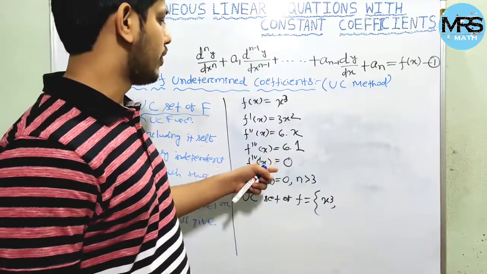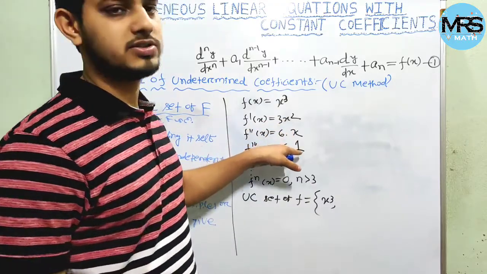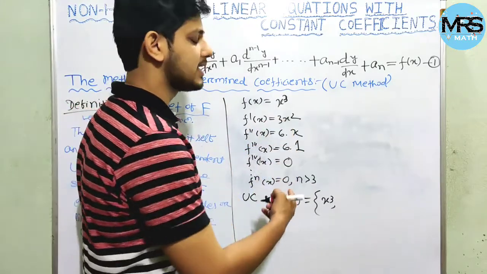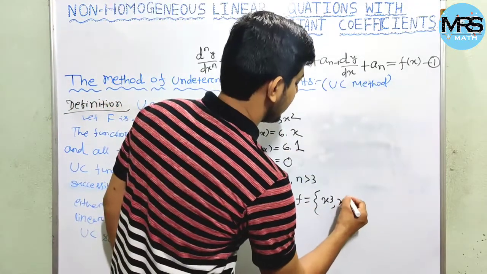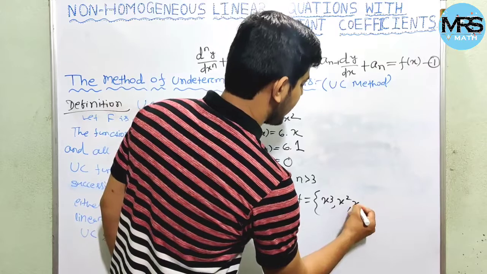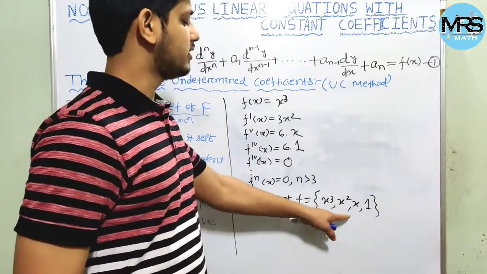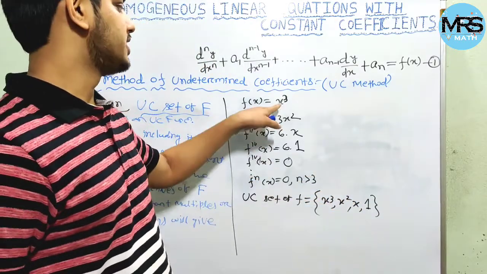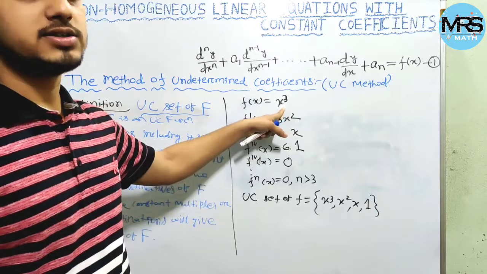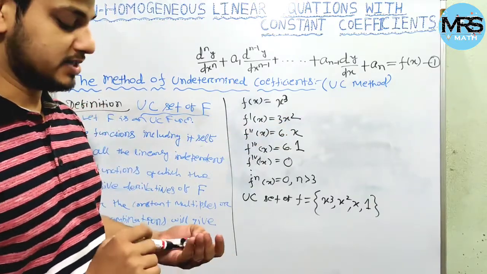So whatever we are getting is the constant multiples of these functions, and that collection we will take: x cube, x square, x, 1. This will be the UC set of this function. For better understanding I will take another example.